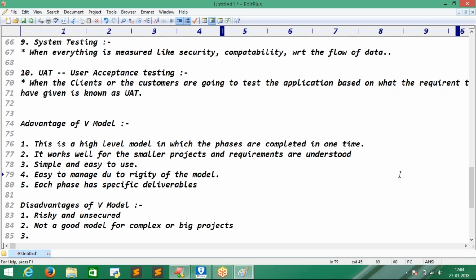One more biggest disadvantage is if something is changing.